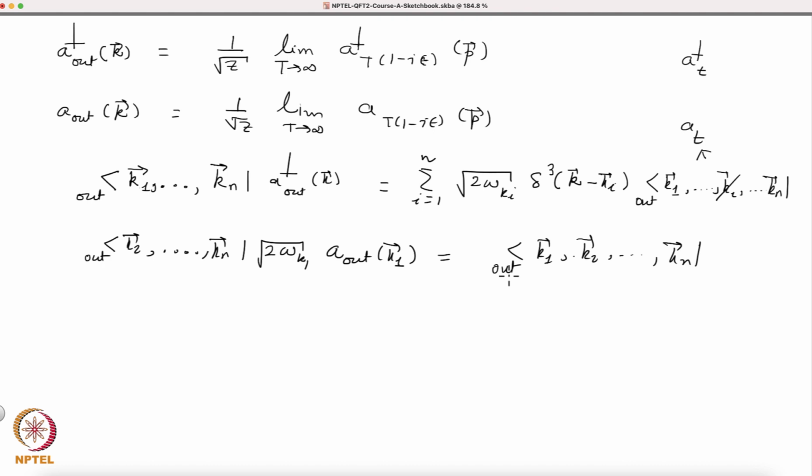Okay, so this is what you get, and now we are going to utilize this to talk about scattering. But before I talk about scattering in a process or even in general, I should first look at the S matrix elements which I had discussed in the beginning of this course. Okay, so let's go to the next sheet. So what do I want?